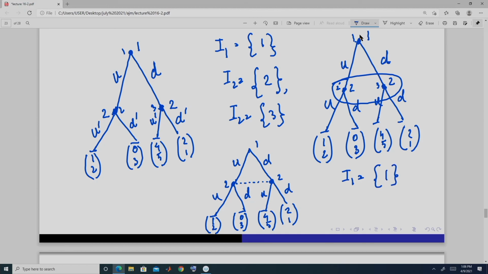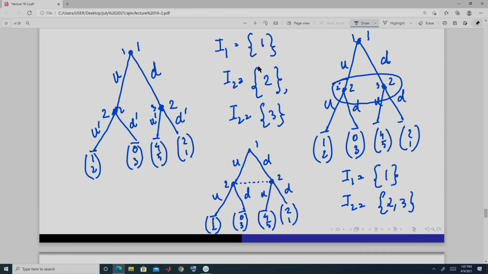Then player 2's information set is this, node 2 and node 3. So there are two nodes. While making a decision, it doesn't know whether it is in this node or in this node. But here player 2 knows whether it is in this node or in this node. So that's why we have to make two separate information sets for player 2. But here we don't need.